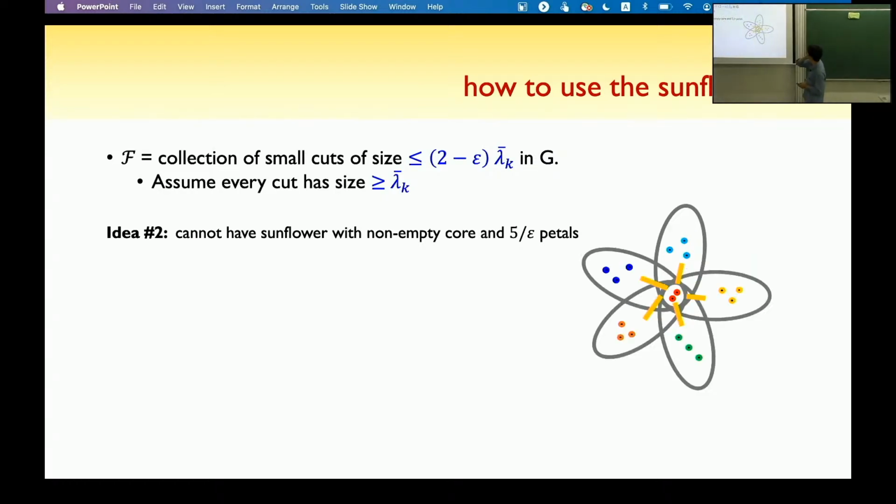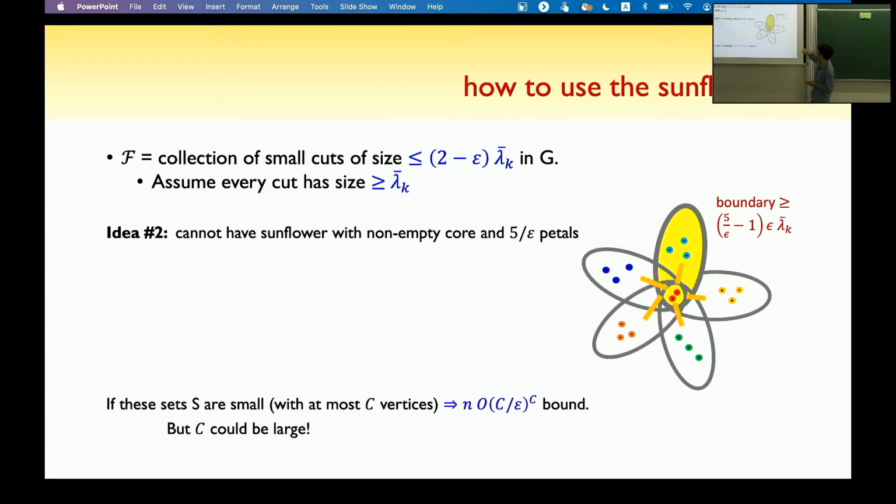If you have a sunflower with a large number of petals, then we have these yellow strips. Yellow strips represent edges between the core and each petal. And we know that each yellow strip represents at least epsilon times lambda k bar edges. If you look at the first set again, each of these yellow strips represents different edges, but they are all crossing the first set.